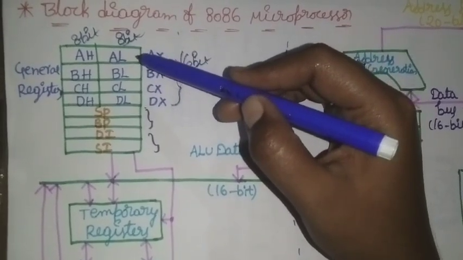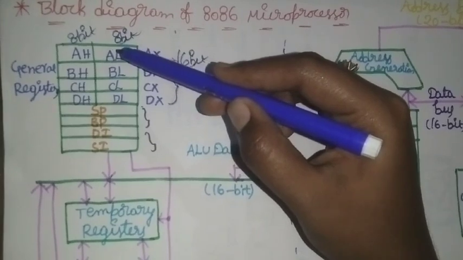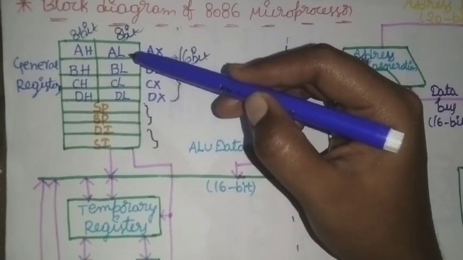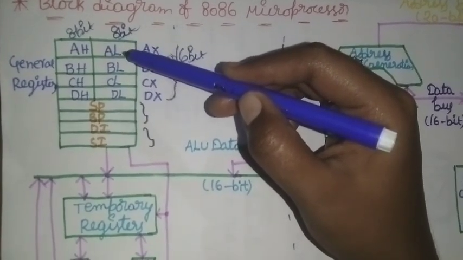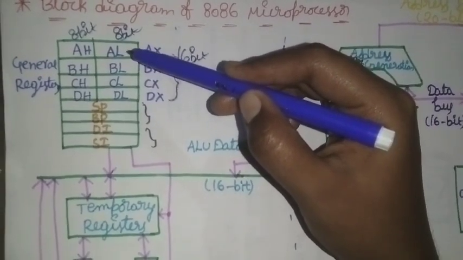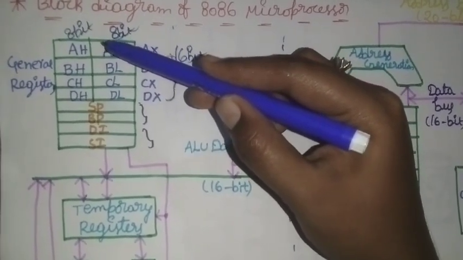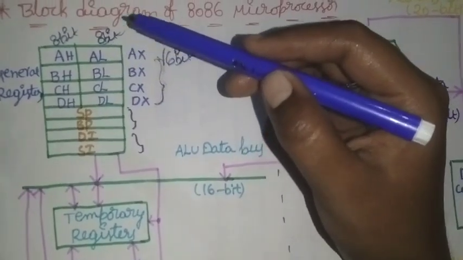AL is the lower byte and AH is the higher byte. We all know that a group of 8 bits is called a byte and 4 bits is called a nibble. So this is about registers.